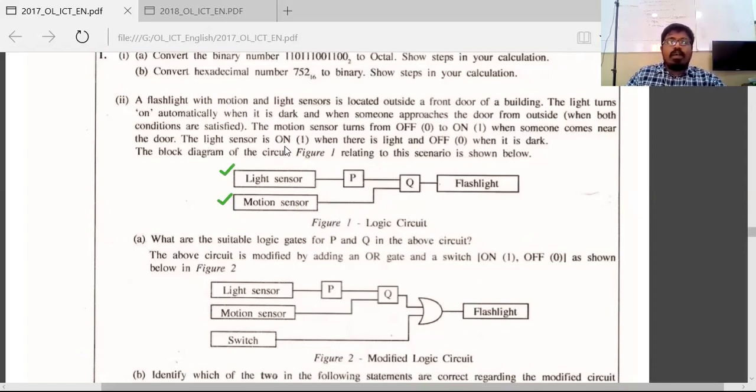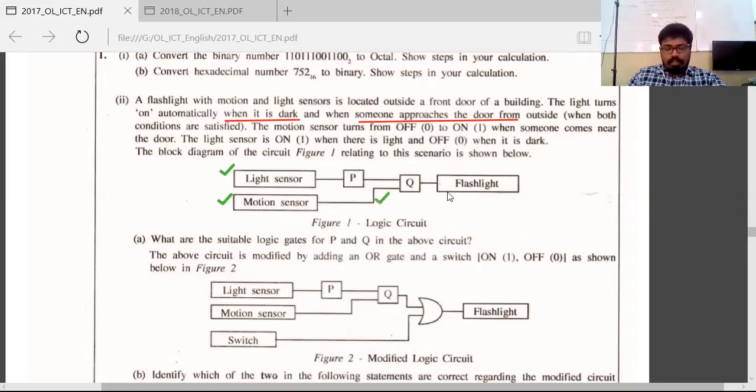The light sensor is on when there's light and off 0 when it is dark, right? When it is dark, the value is 0, but the bulb will be on. That is the major consideration. Why? Our condition is when it is dark and someone approaches the door. So if someone is approaching the door, that will be the motion sensor. So the motion sensor will turn 0 to 1 when someone comes nearby the door.